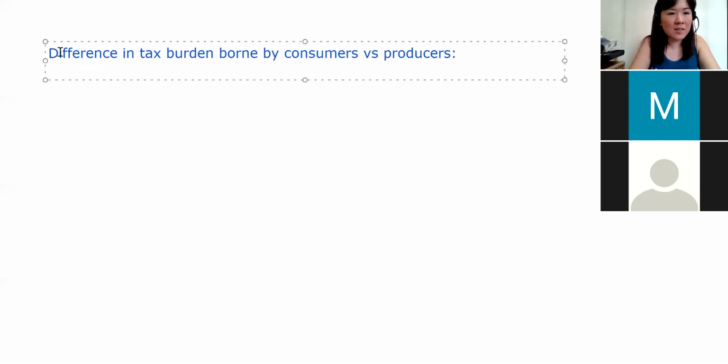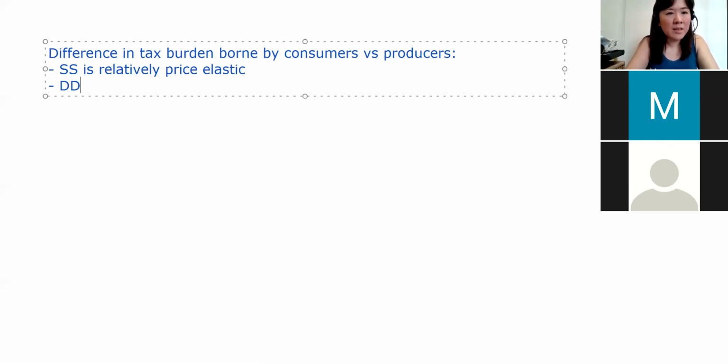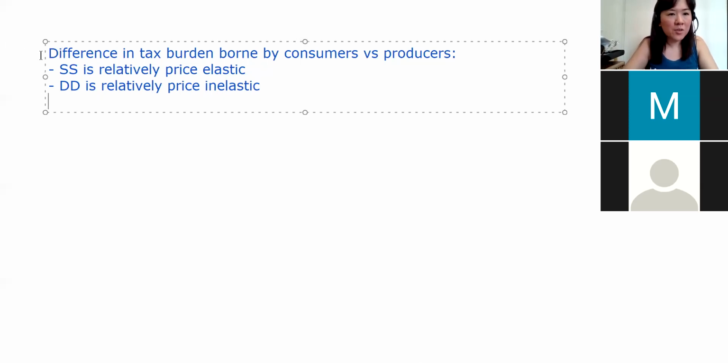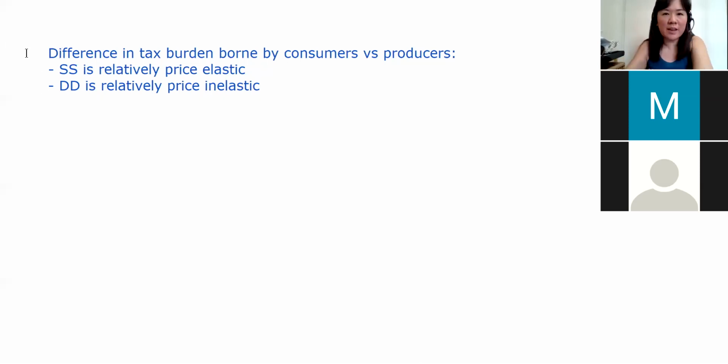Our assumption is this: let's just say the supply is relatively price elastic, versus demand is relatively price inelastic. Okay, so that is the assumption. Now, with this as an assumption, I'll then draw the diagram.